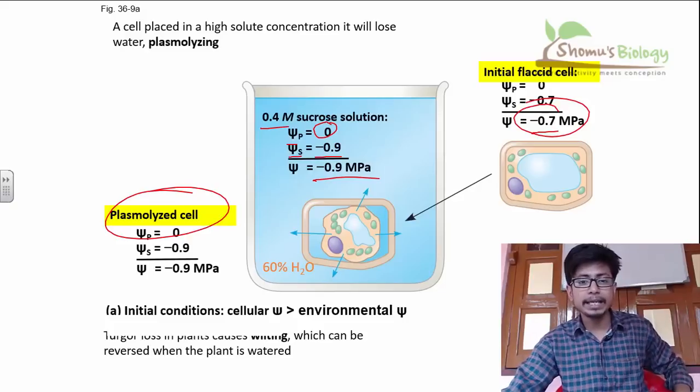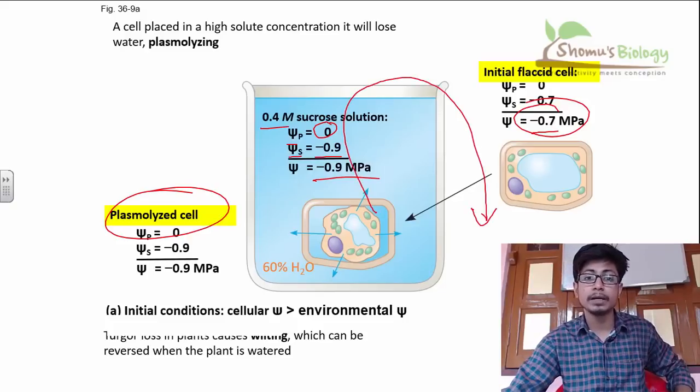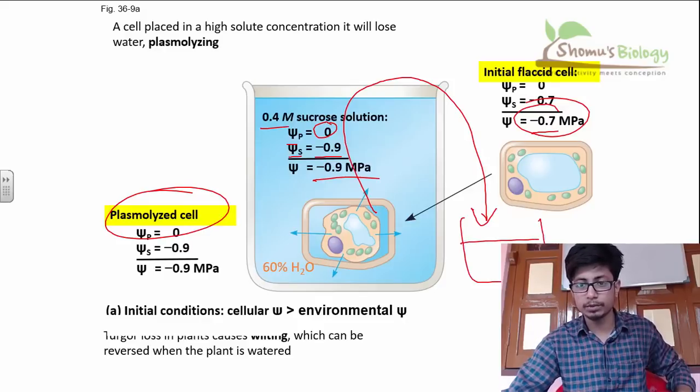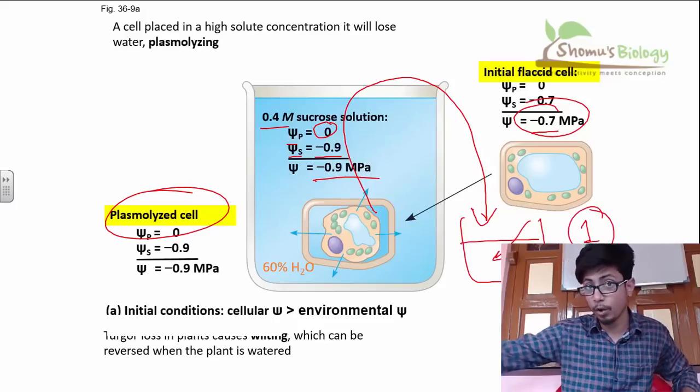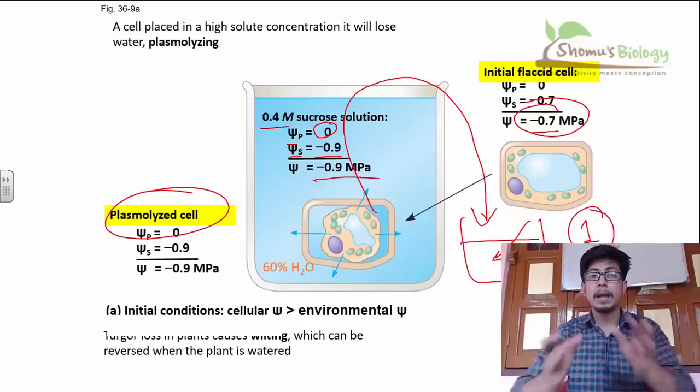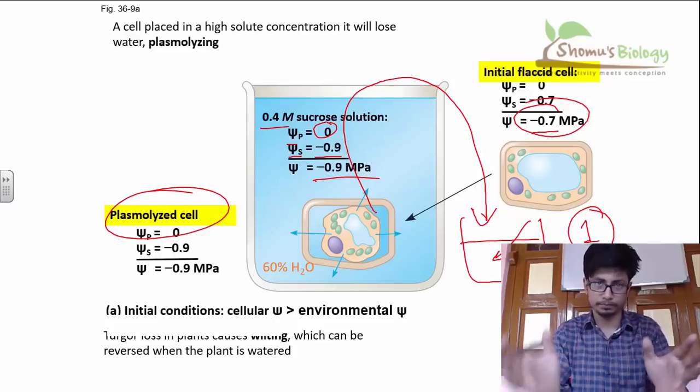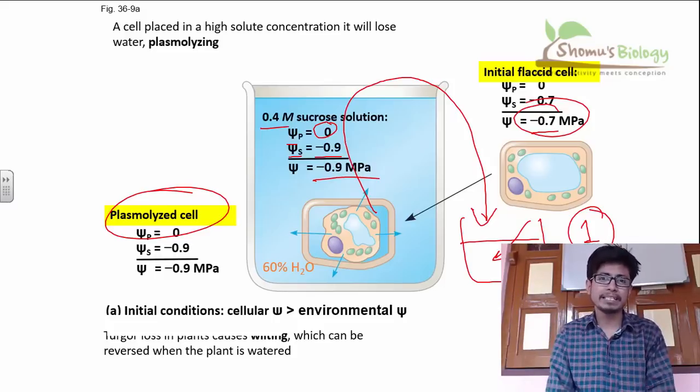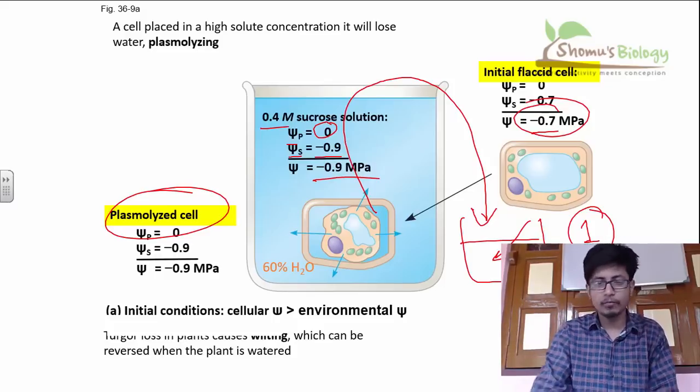Now, if I take this cell and put it into a solution whose water potential is higher, say 1, water will again flow from the solution into the cell, pushing the cell membrane towards the cell wall and making the cell rigid again.